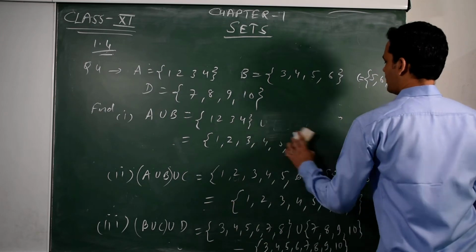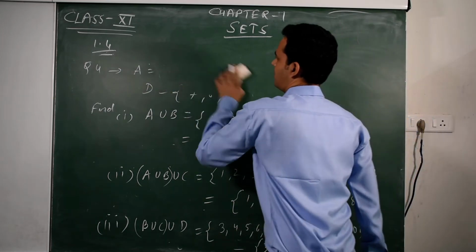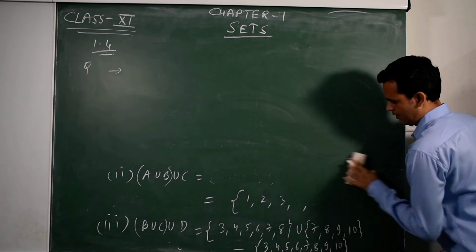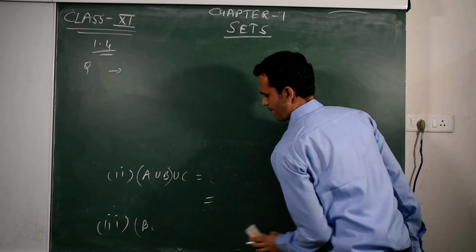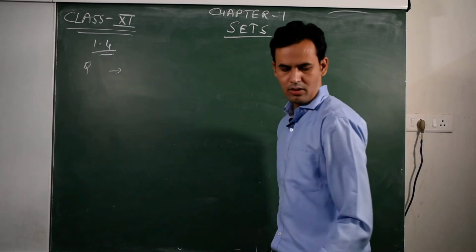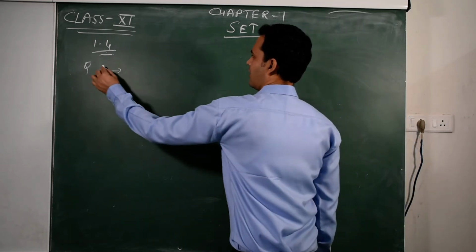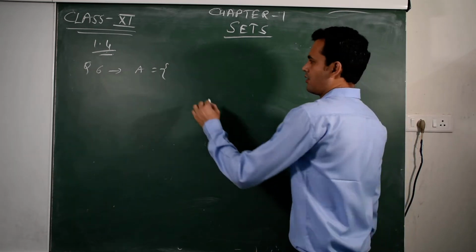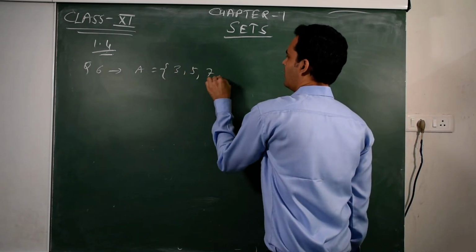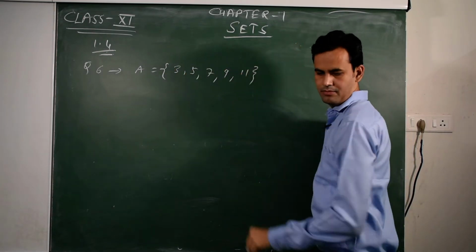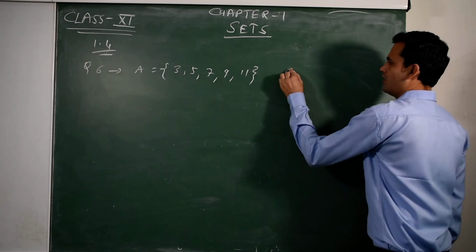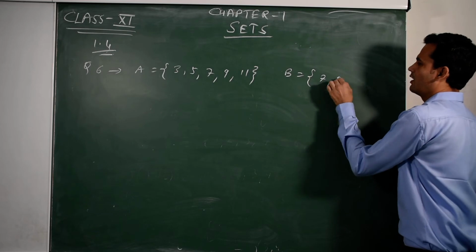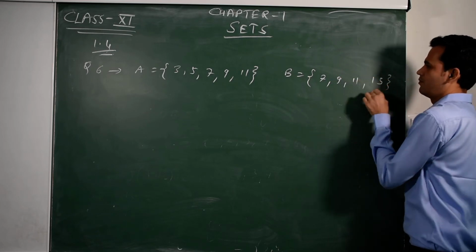Now next question, question number 6. If A is given as 3, 5, 7, 9 and 11 and B is the set having elements 7, 9, 11, 13.